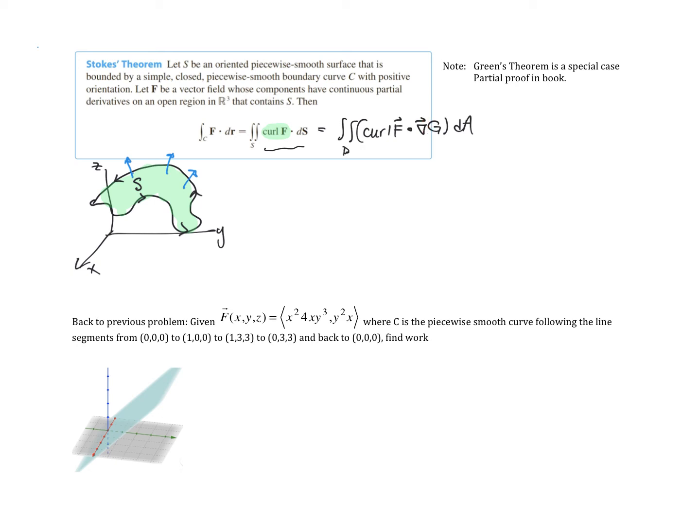Where specifically g was whatever our surface is, getting everything on one side, that was our g. Coefficient of z is 1.